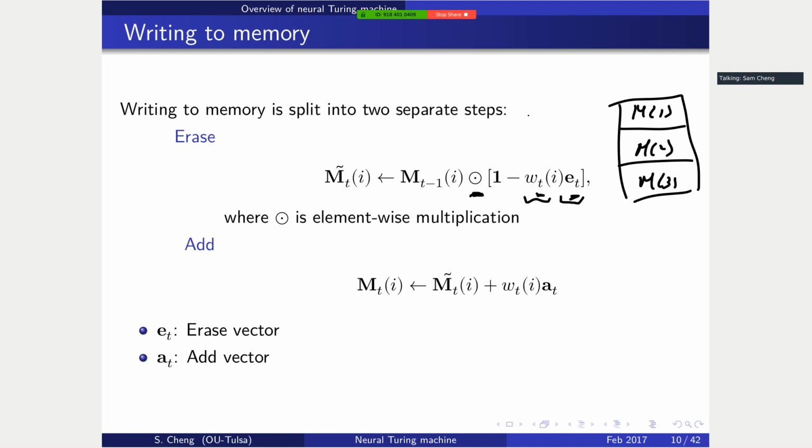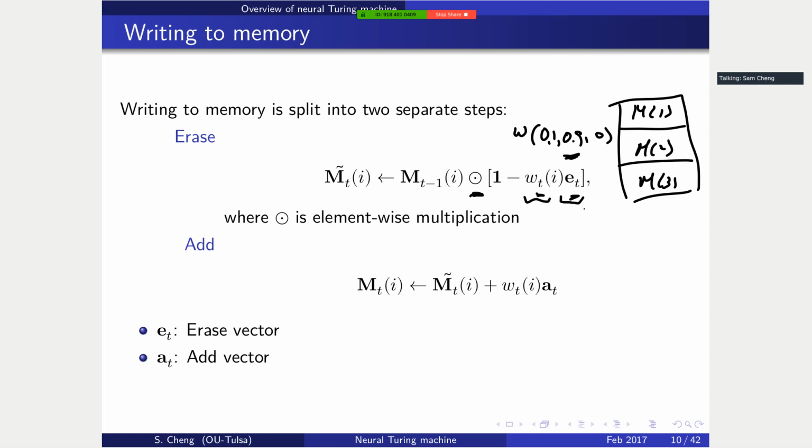If my W_t here has 3 values, maybe 0.1, 0.9, and 0, this is saying that I'm going to replace this part. So I will erase this part first, right?